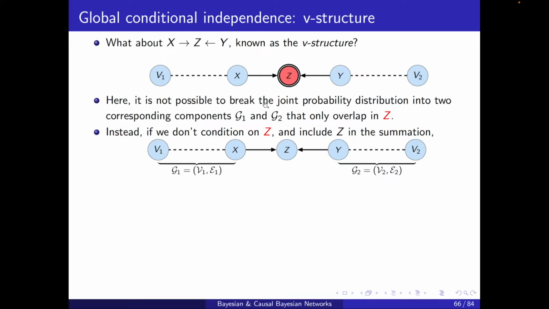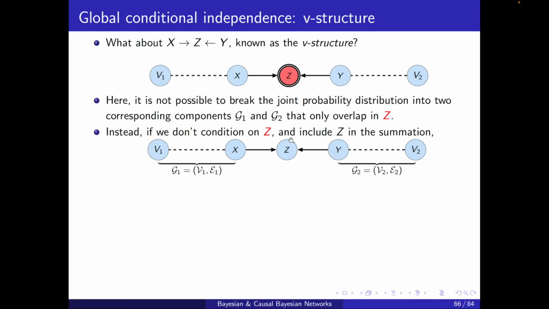So this doesn't work. V1 and V2 conditioned on Z are not in general independent. However, if we don't condition on Z and include Z in the summation, then the two will become independent.